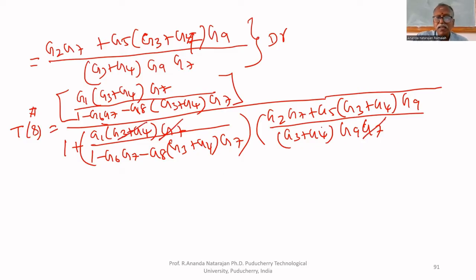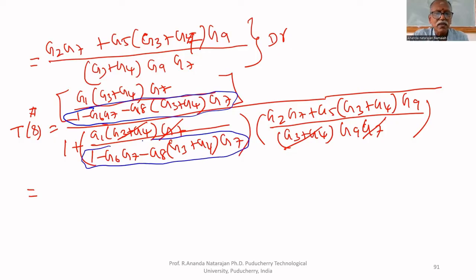G3 plus G4 is getting cancelled. Therefore, this is equal to, now what is this part? The part of the denominator in the denominator has to be cancelled.